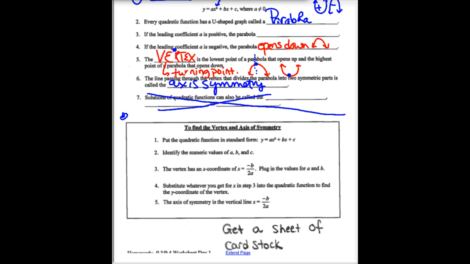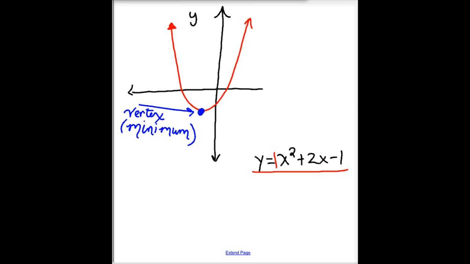In order for you to find that vertex, first thing you have to do is find what we call the axis of symmetry. So let's go ahead and circle those and go back to your cardstock. The axis of symmetry is this invisible line. It's kind of like your spinal column that splits your body, or that splits the parabola into two symmetrically equal halves.